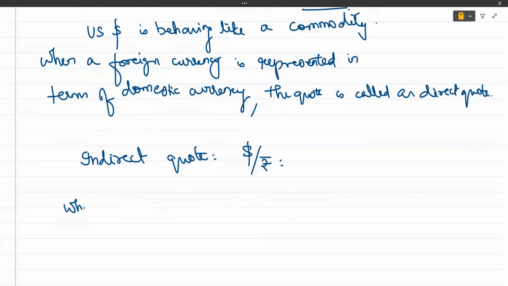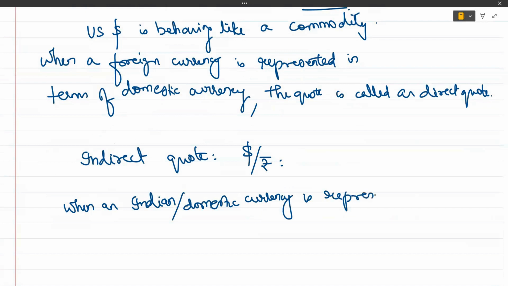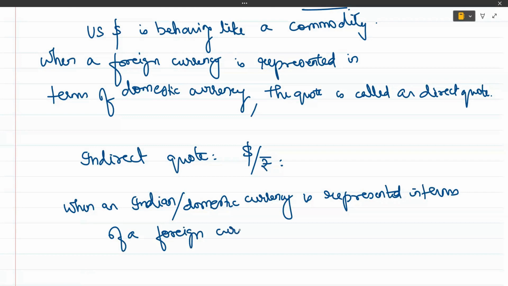When an Indian or domestic currency is represented in terms of a foreign currency, it is called an indirect quote.